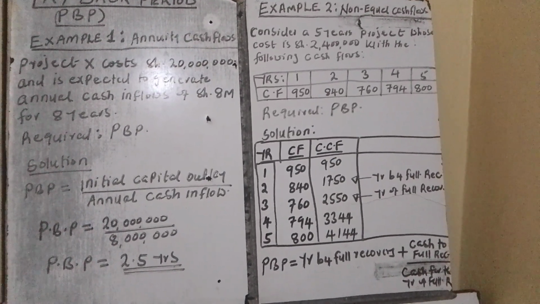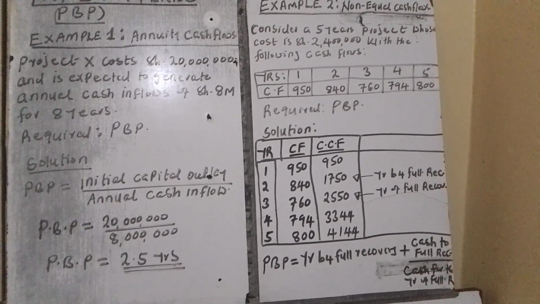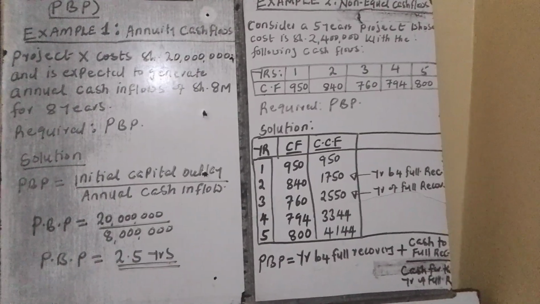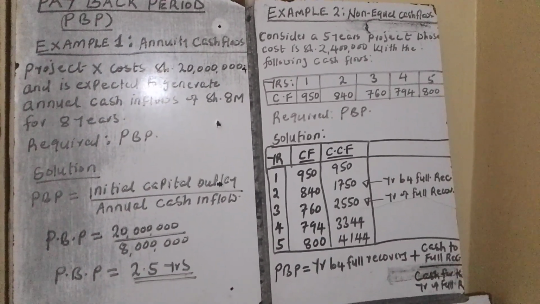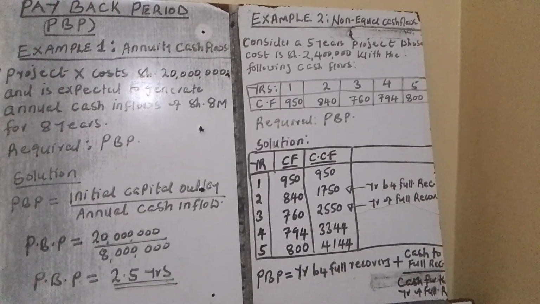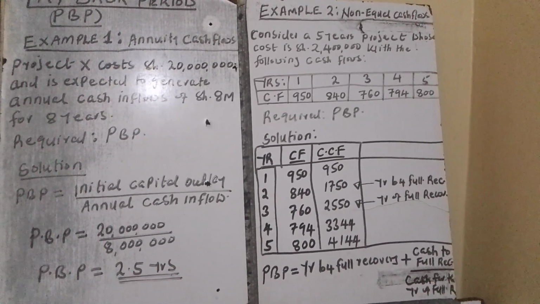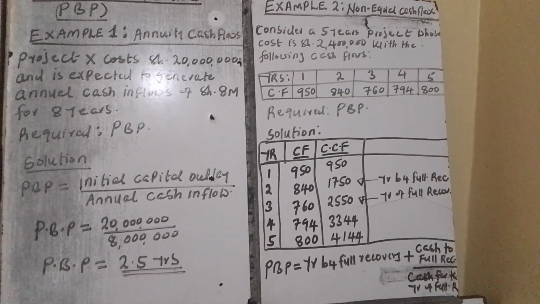Required: payback period. Where the cash flows are constant, our formula is initial capital outlay divided by the annual cash inflow.